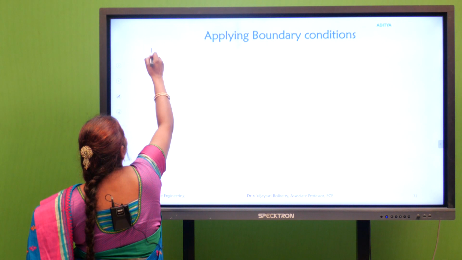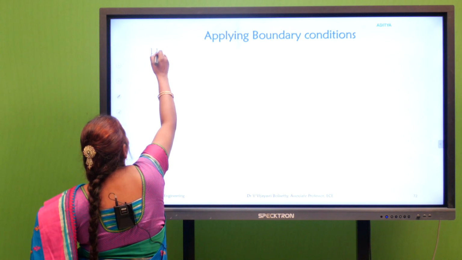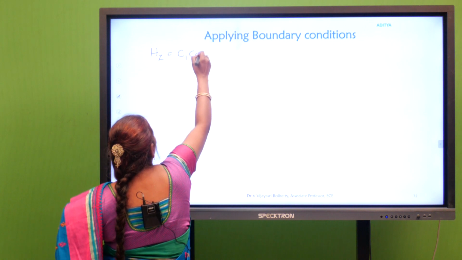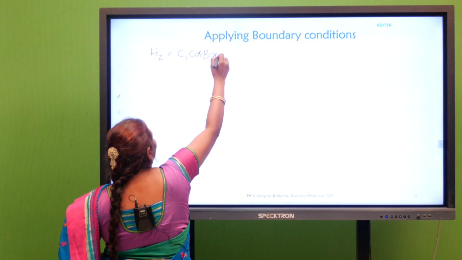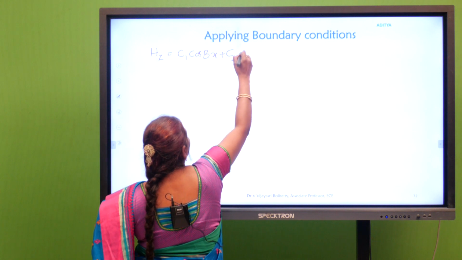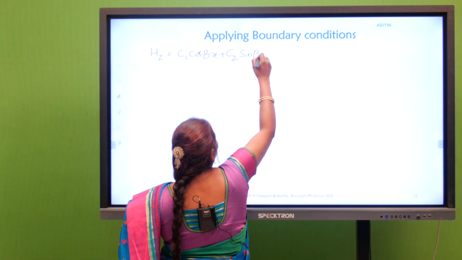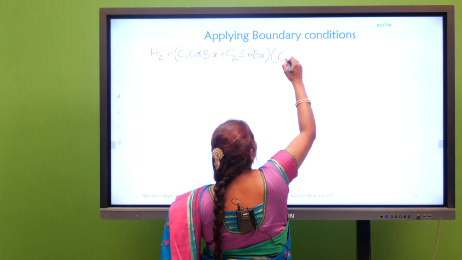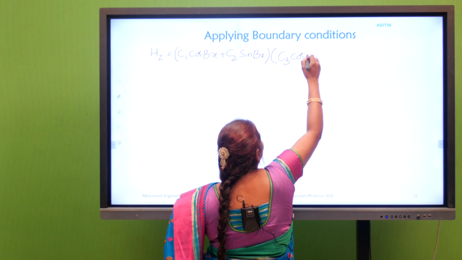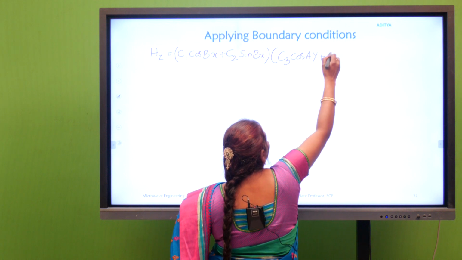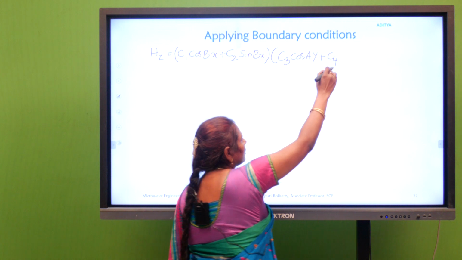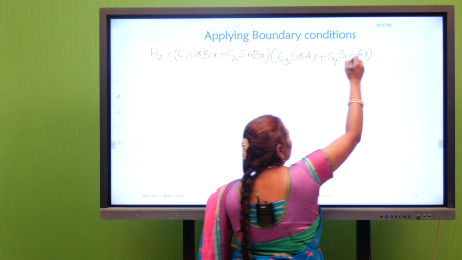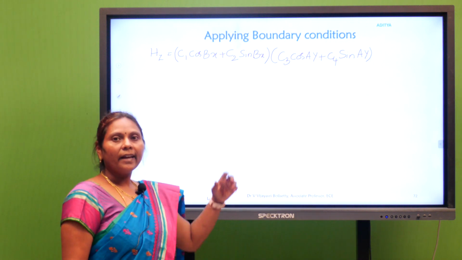Once we write it, we get Hz equal to C1 cos Bx plus C2 sin Bx, into C3 cos Ay plus C4 sin Ay.